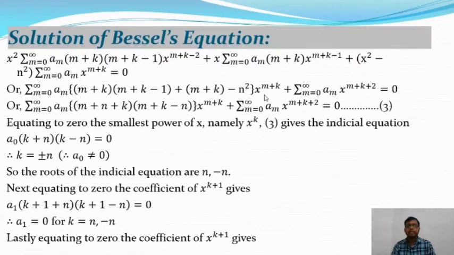And in that case, x to the power m plus k is taken as common, plus summation over m equal to 0 to infinity a_m into x to the power m plus k plus 2 is equal to 0. Okay, so the above equation, that means the series solution, is reduced to this equation, and after that we will get from the above equation summation over m equal to 0 to infinity a_m into (m plus n plus k).